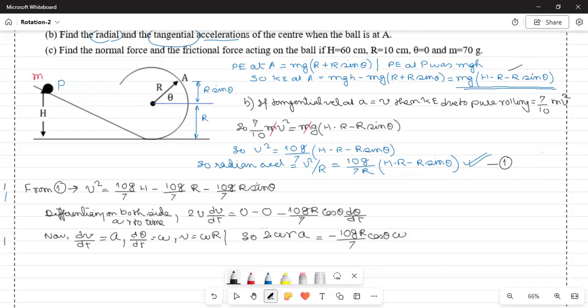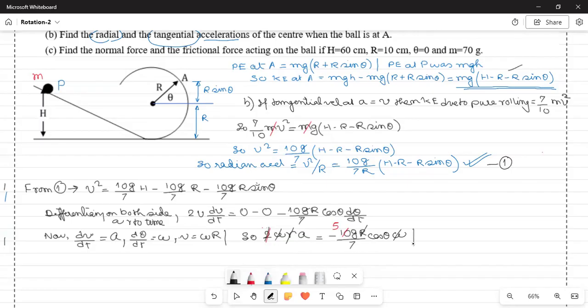Now here, this 2 gets cancelled with 10. We are left with 5 here. So a is on the left hand side. Also, this omega and this omega get cancelled, and this r and r get cancelled. So we are left with a is equal to minus 5g by 7 cos theta.